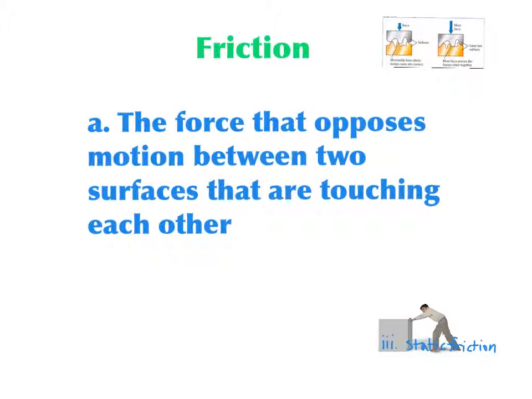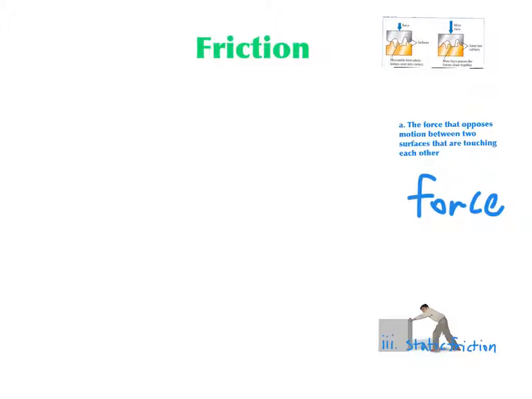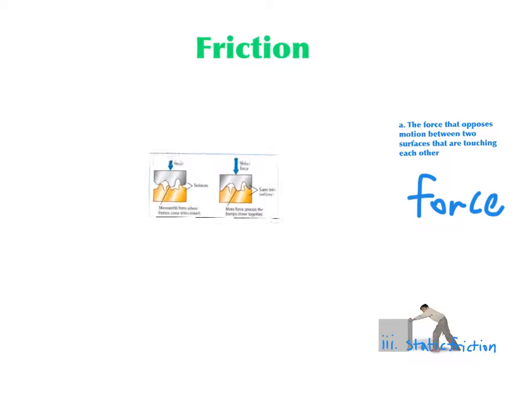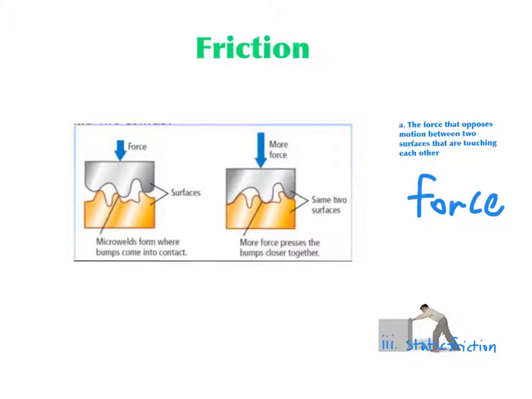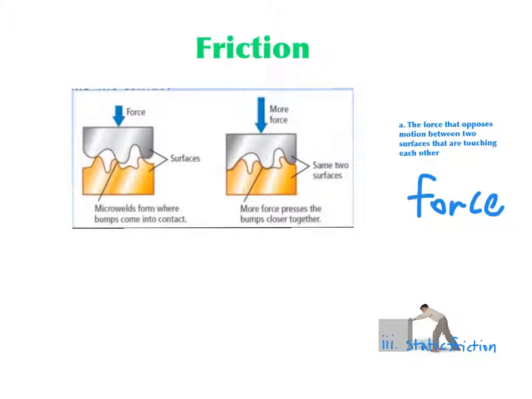The amount of friction that exists between two things depends on the type of surface and the amount of force pressing the two surfaces together. Now there's more than one cause of friction, but we're going to focus on just one main cause of friction.